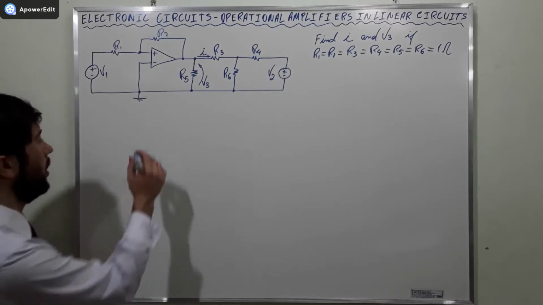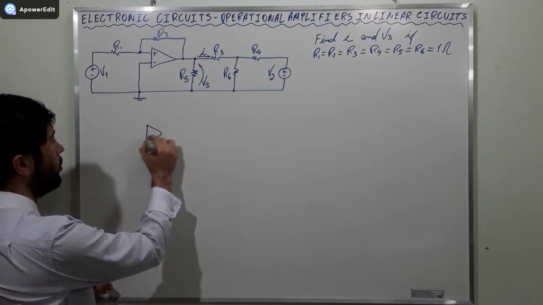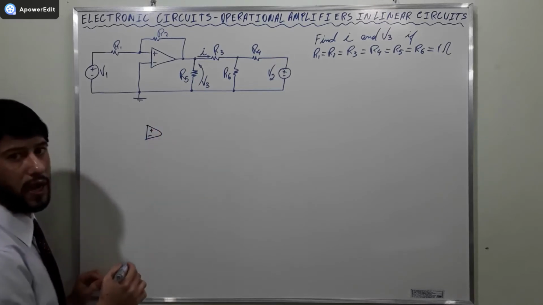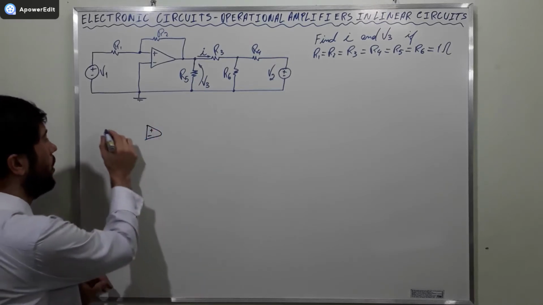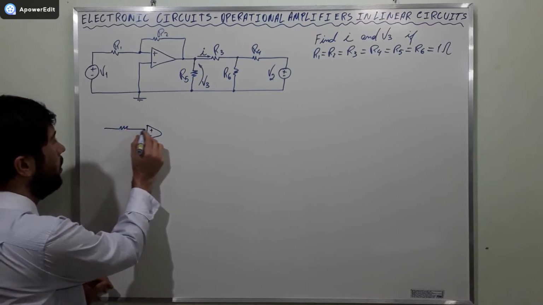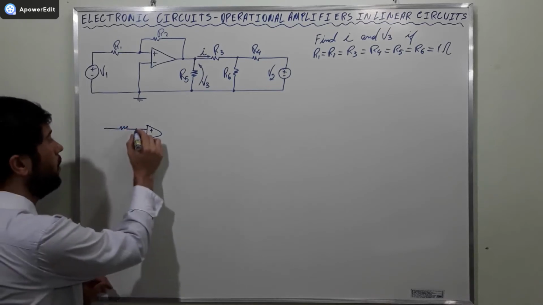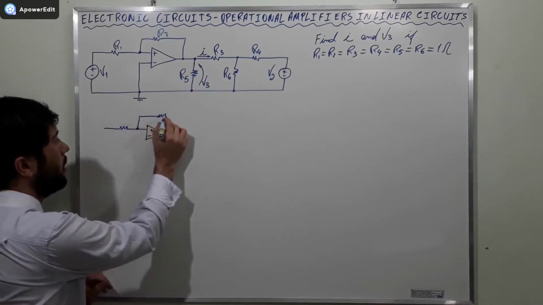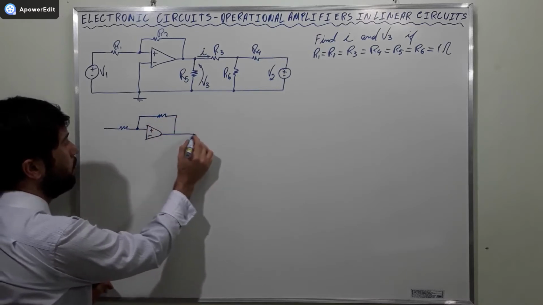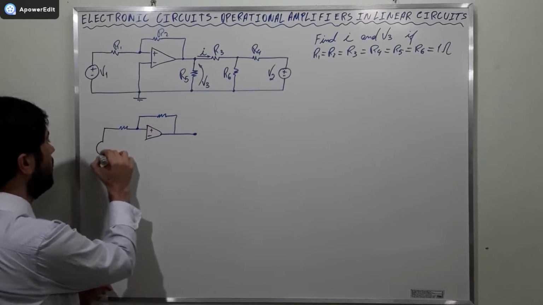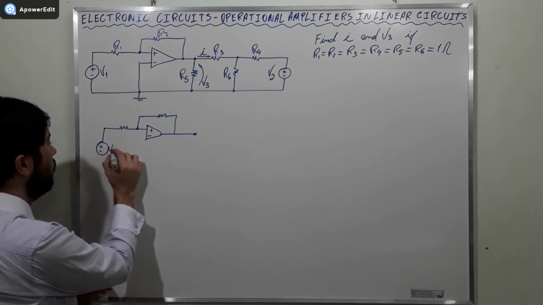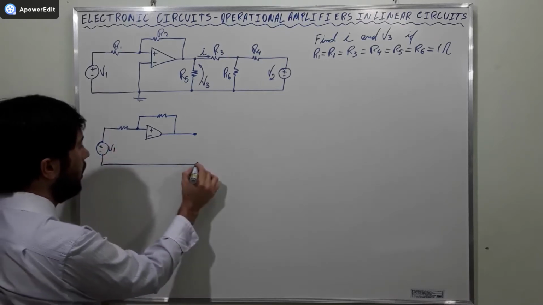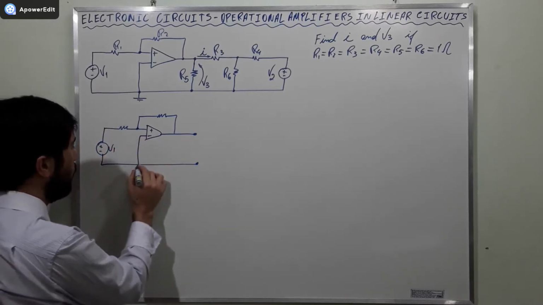See that we can do this, the operational amplifier connected in the non-inverting configuration here, non-inverting terminal, and then I have the feedback loop around the operational amplifier, and here the input signal V1, and here the ground.